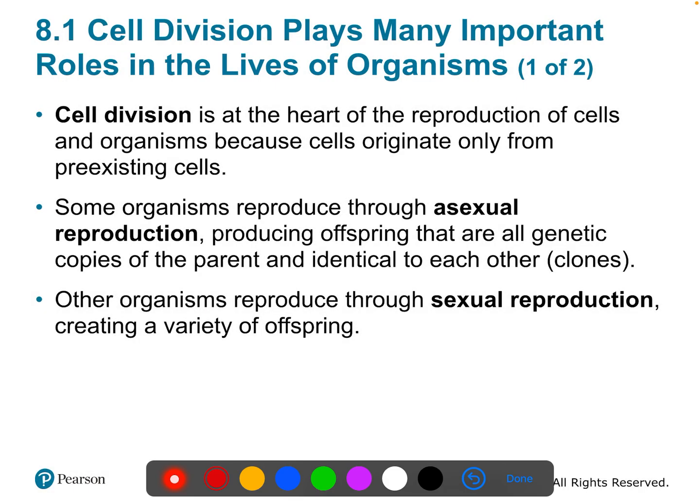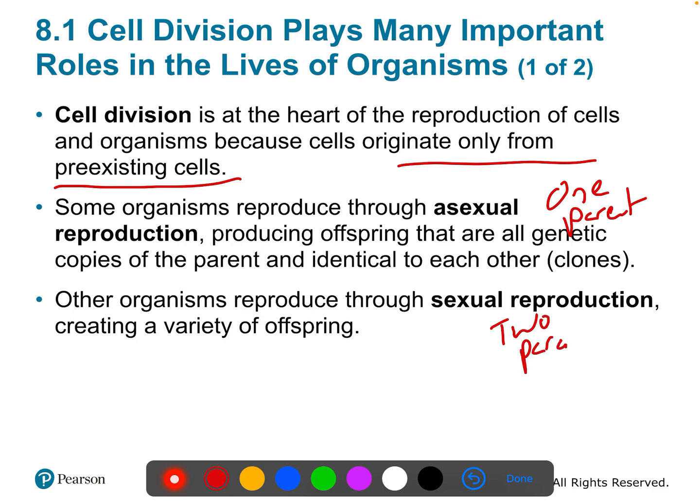Now, cell division is at the heart of the reproduction of cells and organisms because cells originate only from pre-existing cells. Remember that from when we talked about the cell theory? Some organisms reproduce asexually, which is one parent reproduction, and then other organisms reproduce sexually with two parents. Now, asexual reproduction is beneficial because it takes less time, you don't have to find a mate, that kind of stuff, but it's not as beneficial because you don't get the kind of variation that you do in sexual reproduction.